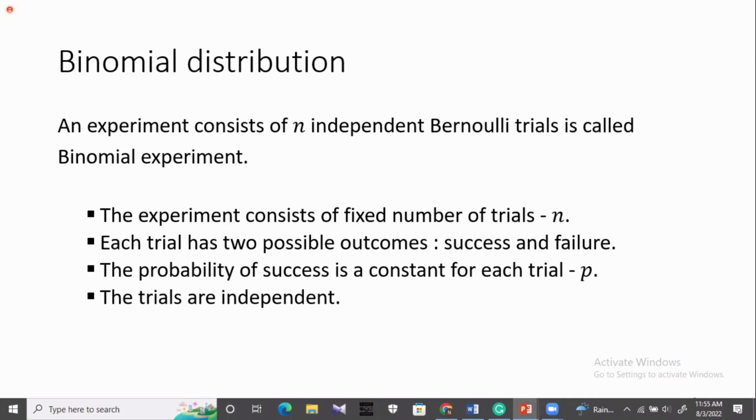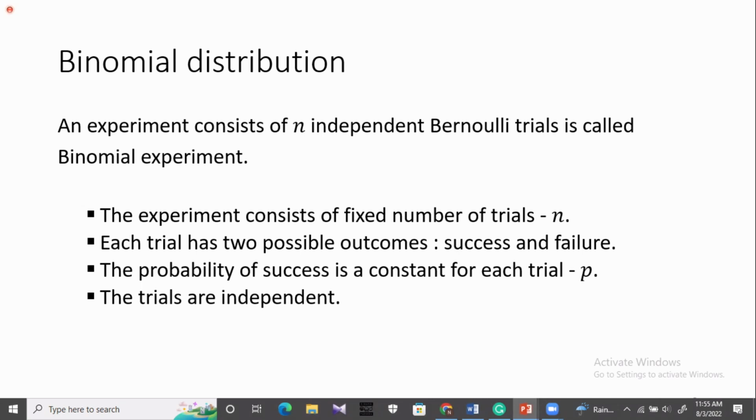You know, a Bernoulli experiment is an event having exactly two outcomes, like tossing a coin once. If you toss a fair coin once, you will have only two possible outcomes.